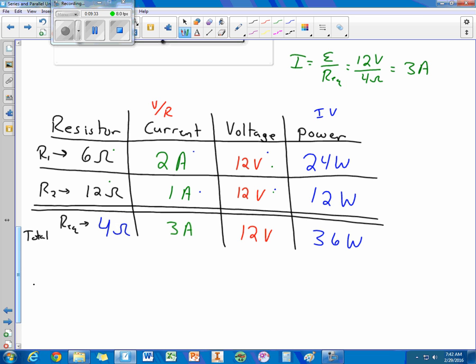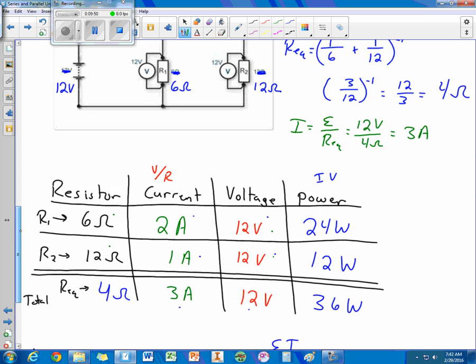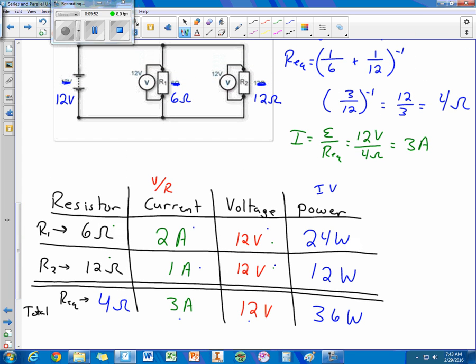If I did the power supply times the main current, I would get the same thing. I would get 12 times 3, which is 36 as well. This also means that each resistor needs to handle 12 and 24 watts. That is a lot. All right, this concludes video 3.